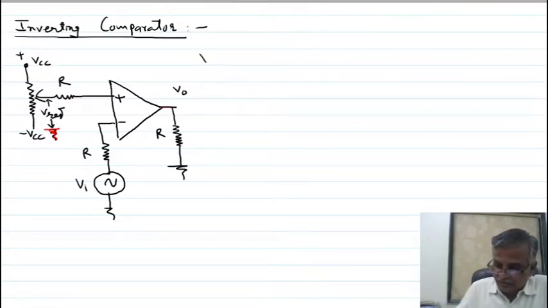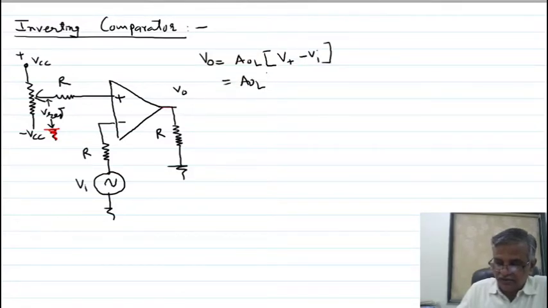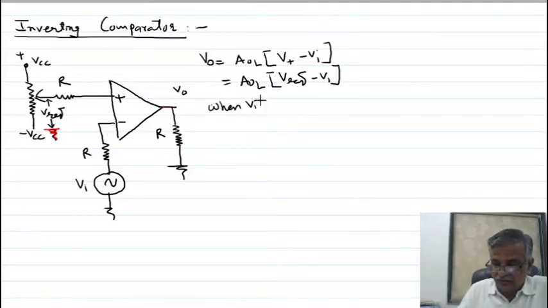The equation of the output voltage I can write as gain into (V plus minus Vi), or gain into (V reference minus input voltage). So when Vi is greater than V reference, then Vo is minus Vcc. When Vi is less than V reference, then Vo is plus Vcc.